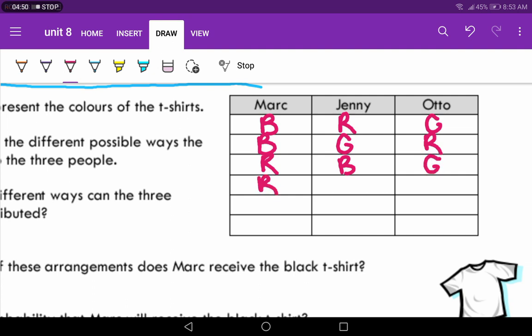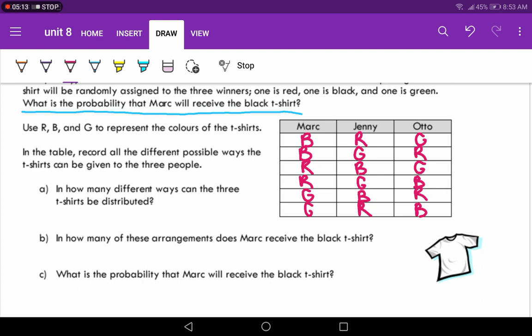Mark could still get the red shirt; Jenny would have to get the green, Odo the black. Mark could get the green shirt, and Jenny gets either the black or the red shirt: green, red, black. Those are all our possible ways that those shirts can be distributed.